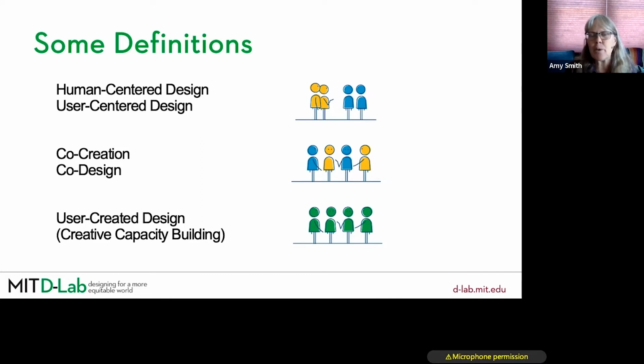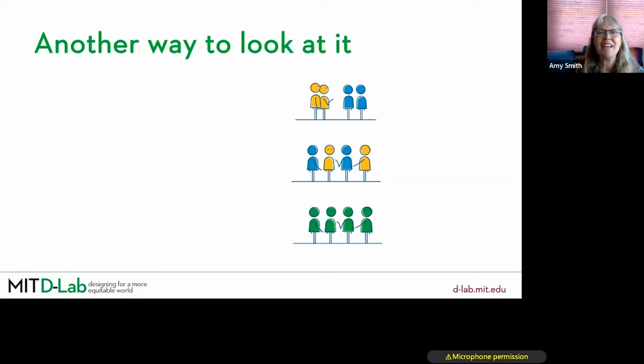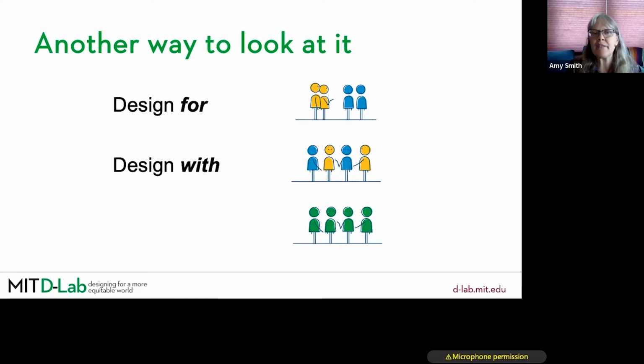In this case, there's really no separation between the users and the designers, because the users have become designers and are identifying challenges and solving them on their own without external designers. Another way that you could look at this is that user-centered design or human-centered design is designed for the users, co-creation is designed with them, and creative capacity building is designed by.